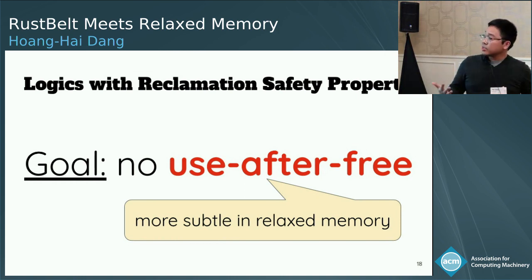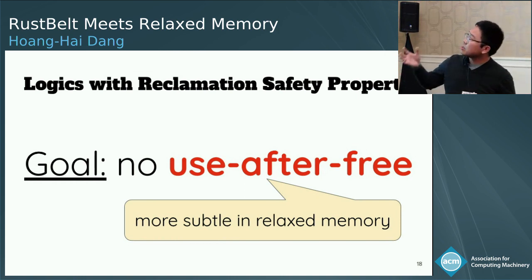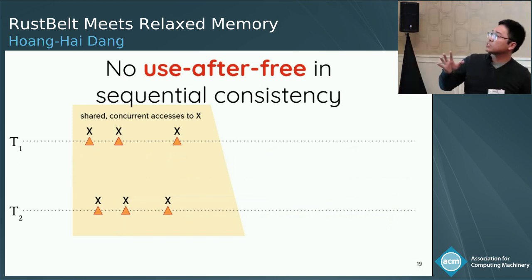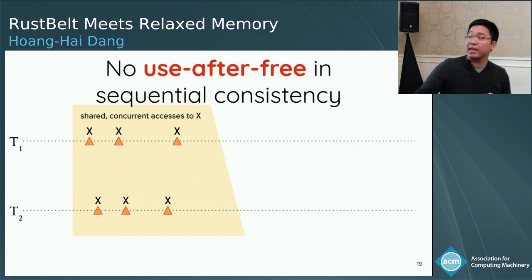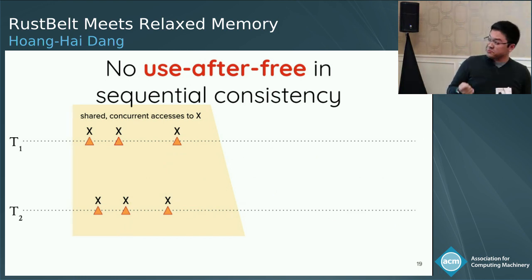In order to understand why, let me give you a very quick example of this no use after free principle in sequential consistency, and then I will explain why it's more subtle in relaxed memory.